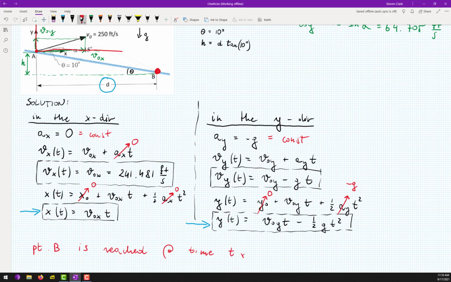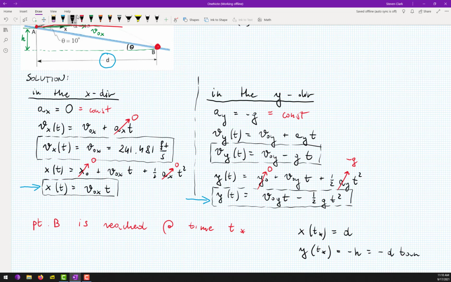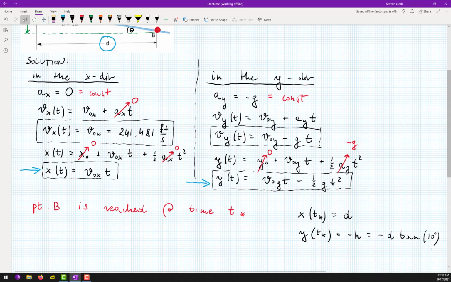So basically, what Thomas said is that x of t star is d, and also y of the same time is minus d tan of 10 degrees, which is minus h. This is what he said. Great. And we are going to follow his proposition.